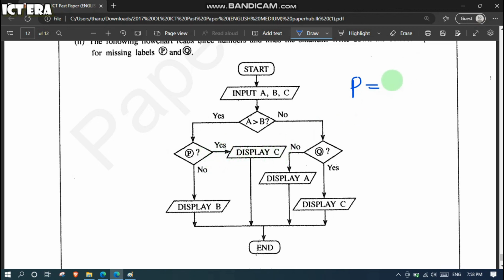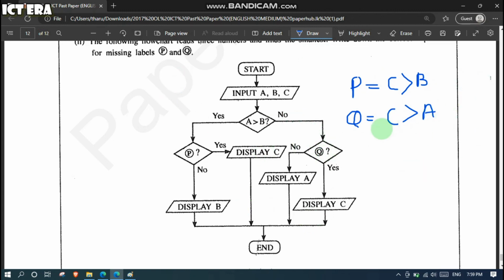That means the condition probably should be if C is greater than B, display C. If this one is false, display B. And another condition is here, if that becomes possible, display C, and if this is not possible, display A. So in here we have to write if C is greater than A, display C, or else display A. Right.